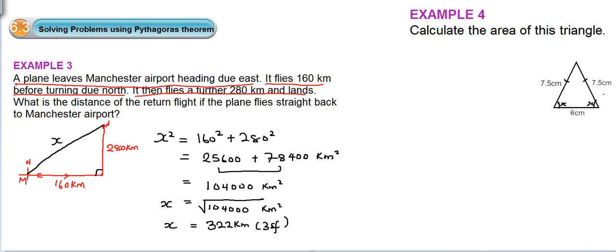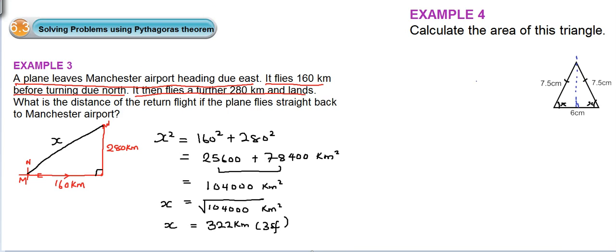To find the area of this triangle, we have to use Pythagoras' theorem. What that means is we can split this triangle into two to find the height of the triangle. So we draw a perpendicular line from the top to the bottom, so that becomes 90 degrees.